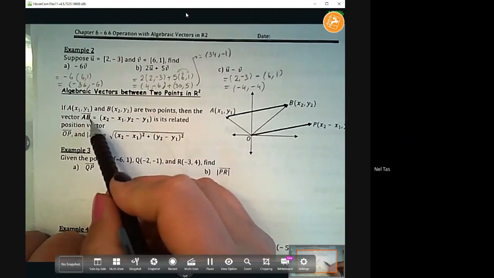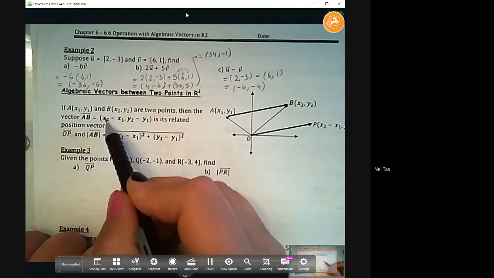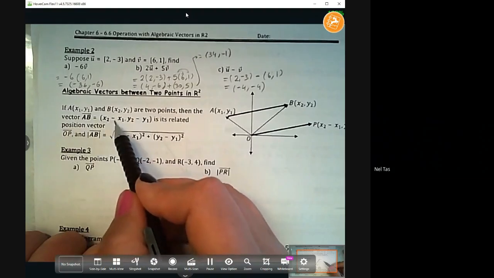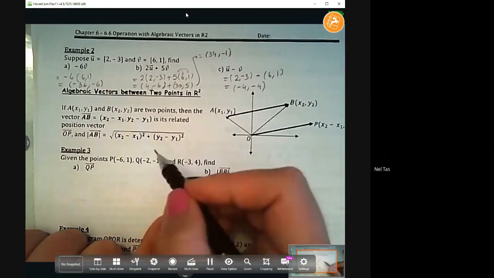As you see, you take the coordinate of the second point and subtract the coordinate of the first point from that. So x2 minus x1, and the same thing with the y coordinate.